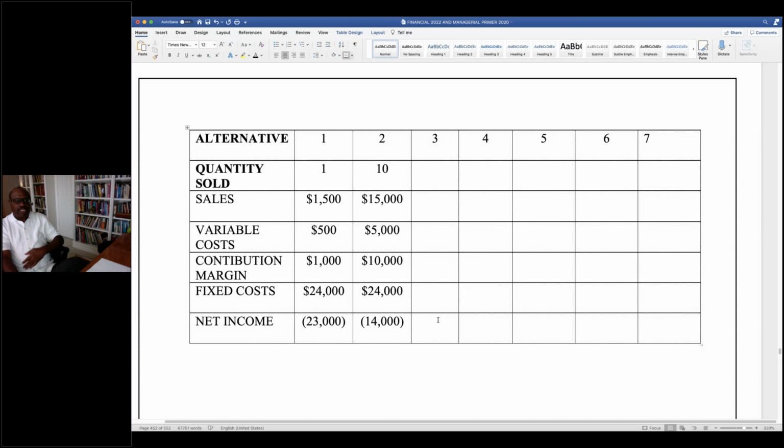So the next question becomes, how many do we have to sell so that the net income will be zero? That is, what number do we need to sell so the net income will be zero?